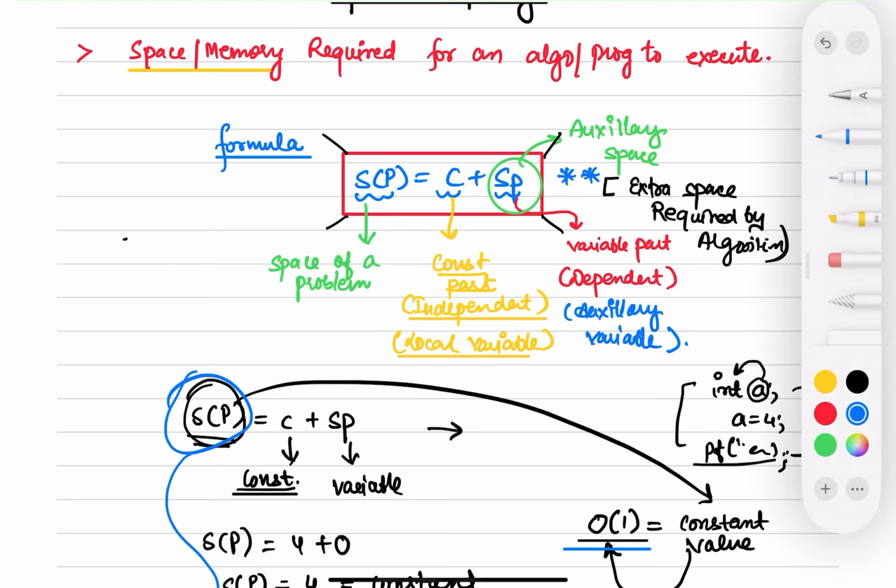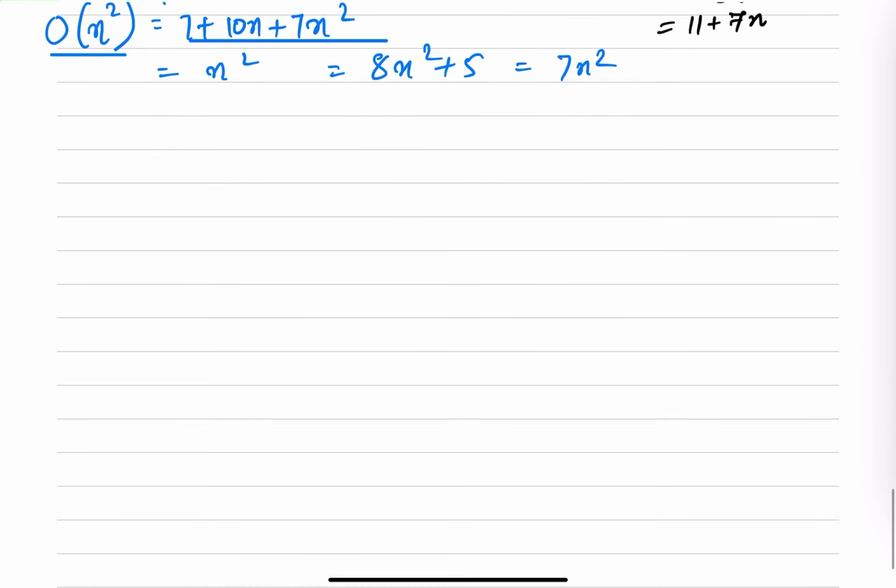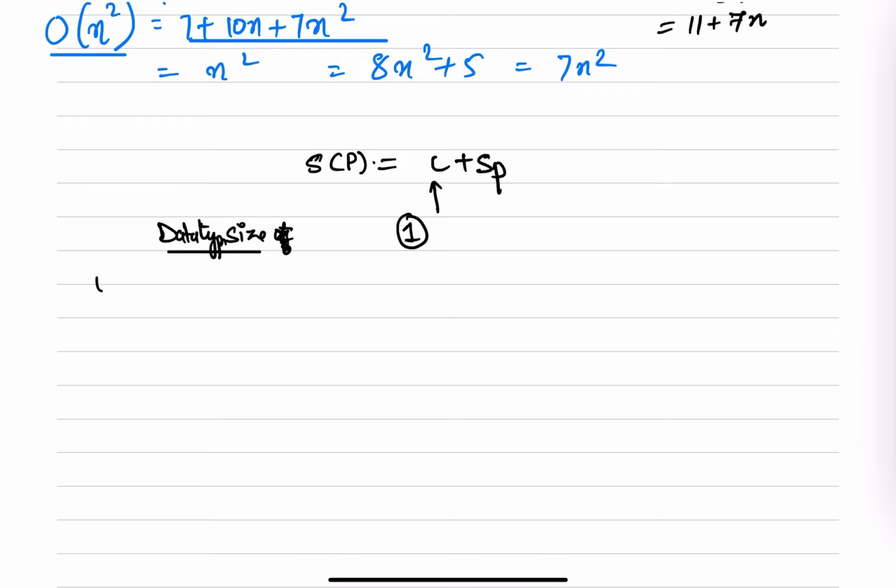All right. One more point I want to focus on here: in our future videos, whenever we are calculating the space complexity using this formula, constant plus S(P), my habit is to treat constant as 1, not by the size of the data type. So I don't calculate, for example, if you're writing int a, b, in that case I don't treat it as 4 bytes, 4 bytes.